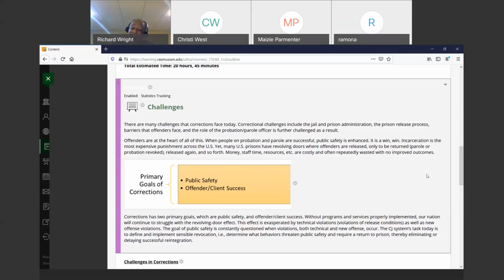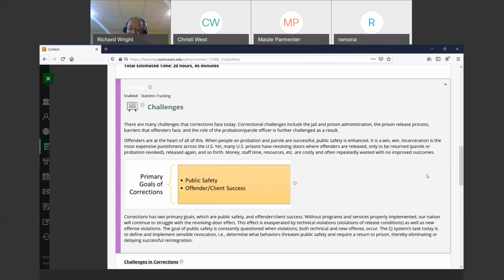So let's say, for example, you had 6 months of parole and in 3 months you committed another offense. Then in that case, you'd have the 3 months to serve plus whatever the sentence would be for the new offense. And those are the challenges that you're going to face in the system.